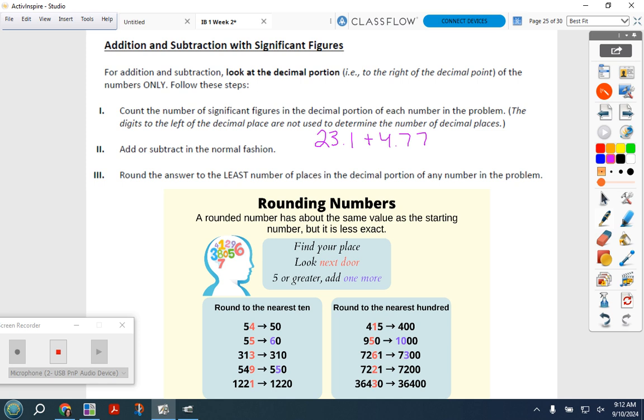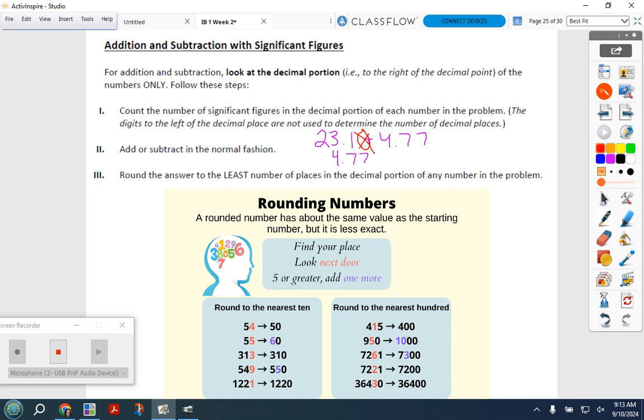Both of these have 3 sig figs. So you might say, well, my answer should have 3 sig figs. That's the rule for multiplication. That's not the rule for addition and subtraction. What we have to do is line up our decimal points, okay? And you can see that there's no number here in the hundredths place for 23.1.